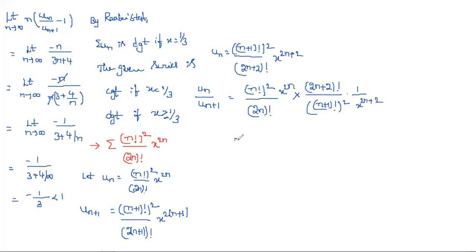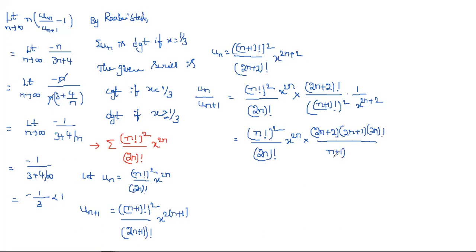So simplify this one. This is n factorial whole square, and the denominator as it is, 2n factorial into x power 2n. And coming to this 2n plus 2 factorial, simply how can you write this? 2n plus 2 into 2n plus 1 into 2n factorial, over n plus 1 factorial whole square.